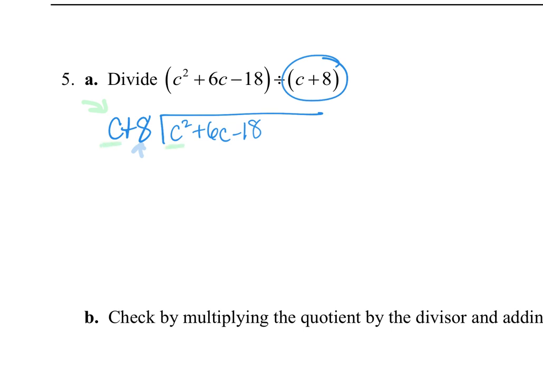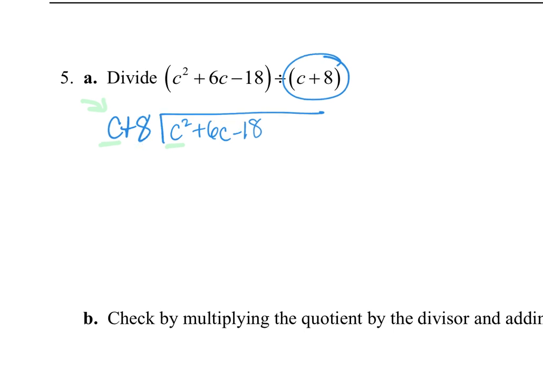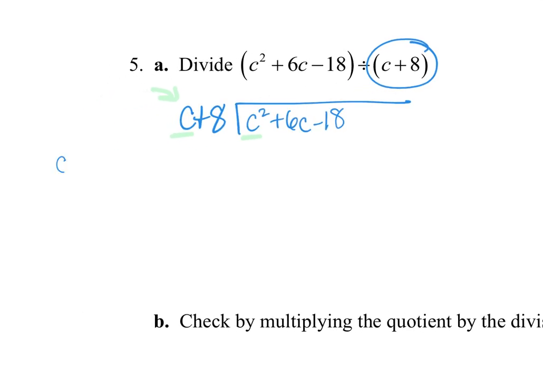Okay, so we're just going to kind of ignore 8 for right now. All right, you have 1c here on the outside, and I need to make it become c squared. What do I multiply times c so that it becomes c squared? C, right? 1c and 1c makes c squared. So that's what I'm going to multiply by up here.